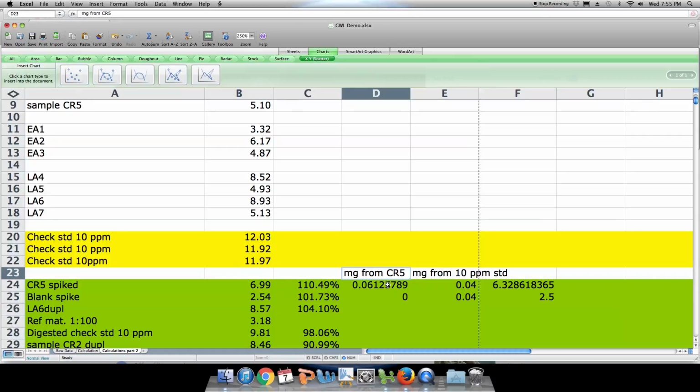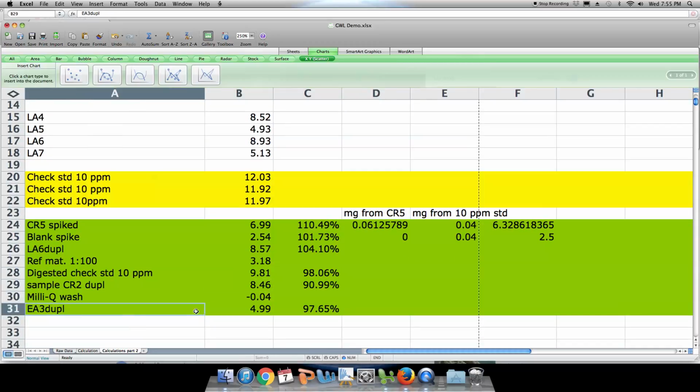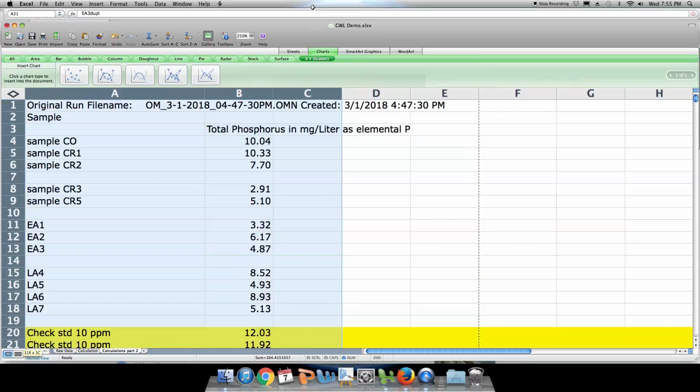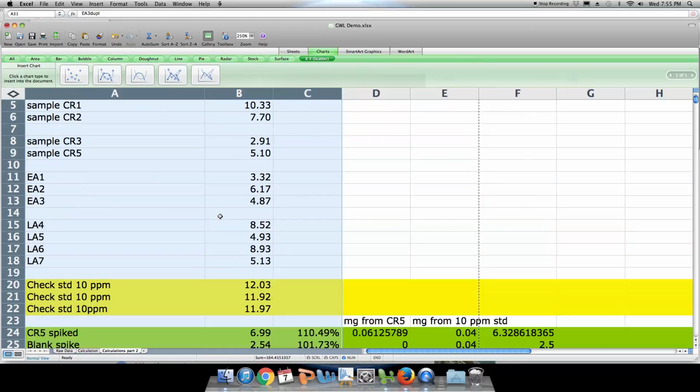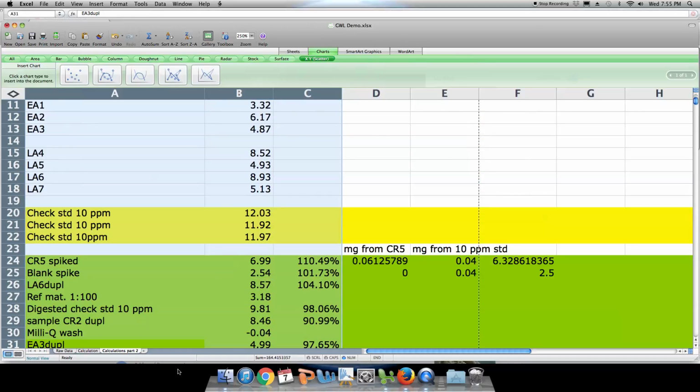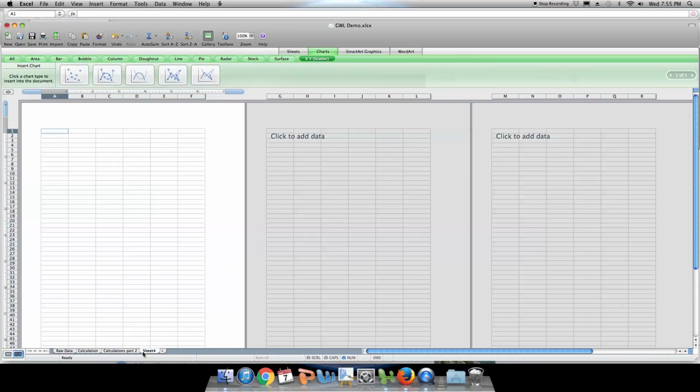We can now take all of our results and cut and paste them onto the next page, which we call the report.